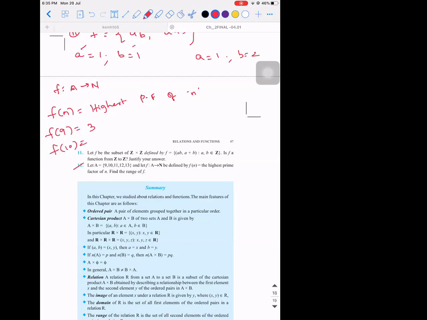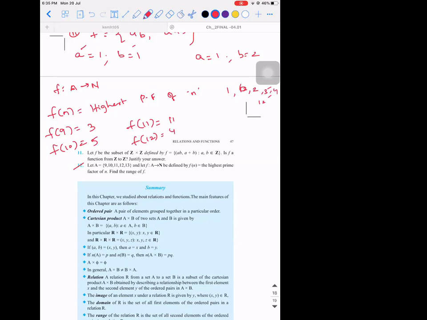Similarly, F of 10. Highest prime factor is 5. F of 11 is 11. F of 12: what are all the factors? 1, 2, 3, 4, 6 and 12. So highest is 12, 4 is also there, no?